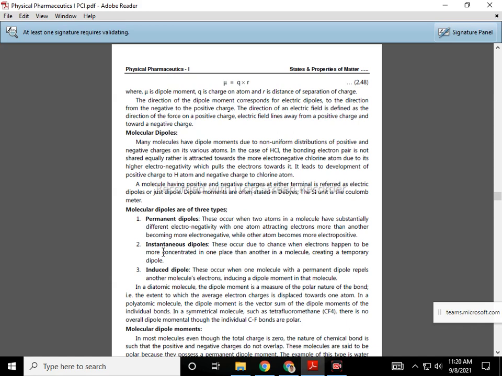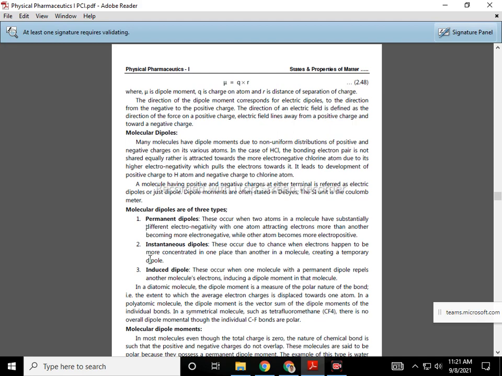Next point, instantaneous dipoles. Instantaneous, instantly, the name itself suggests the meaning. These occur due to chance, when electrons happen to be more concentrated in one place than another in a molecule, creating a temporary dipole. So the first one is permanent, the second one is temporary.